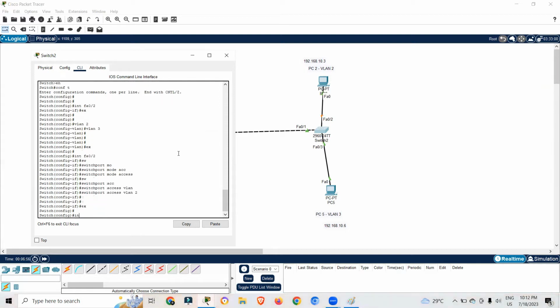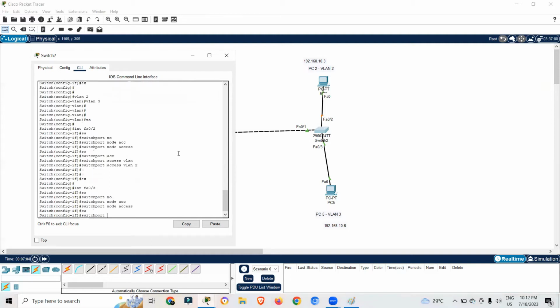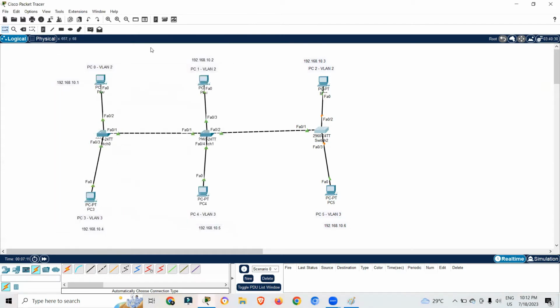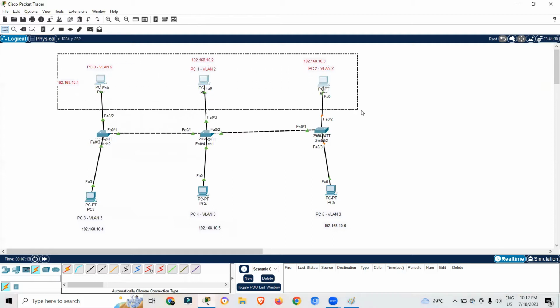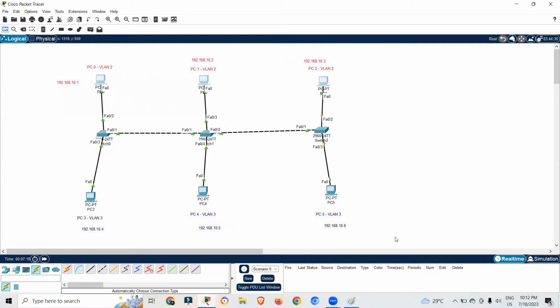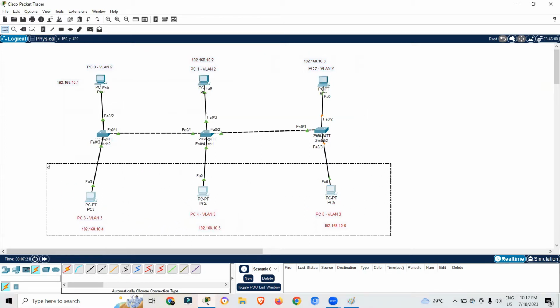Interface FA0/3, switchport mode access, switchport access vlan 3. Okay, dear. Now you can see that the above three PCs are part of VLAN 2, right? And these three are part of VLAN 3, right?